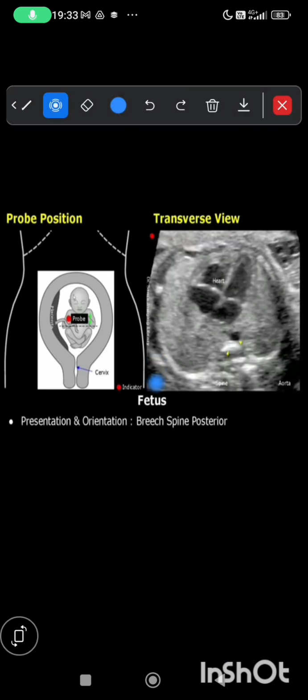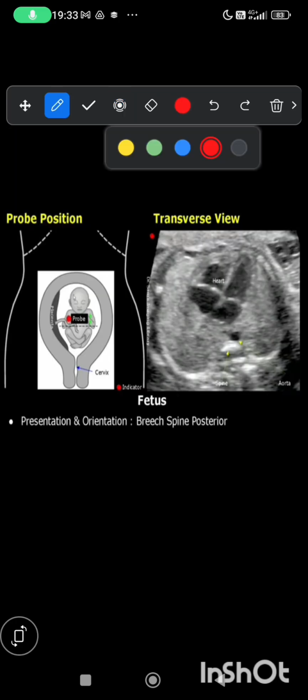Now to get the transverse section of the chest and the fetal abdomen, we have to place our probe again in the transverse orientation. But now the relationship between the spine and the stomach and the heart is opposite. It's now anti-clockwise, and we can see it here in all of the images.